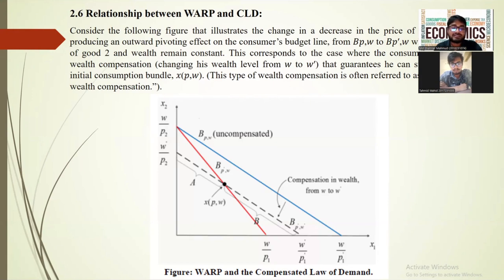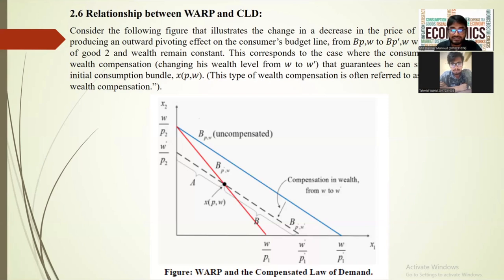So there is a problem statement. Here we describe the problem scenario where a decrease in the price of good one leads to an outward pivot of the budget line from B(p,w) to B(p',w).